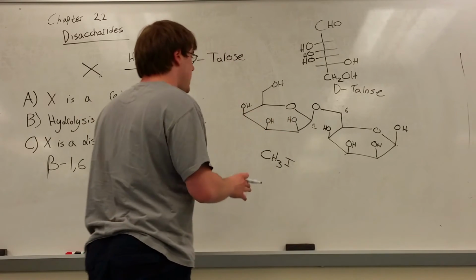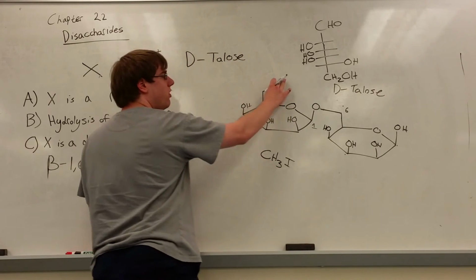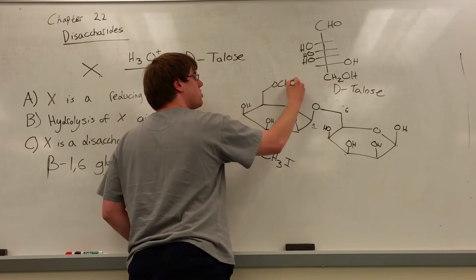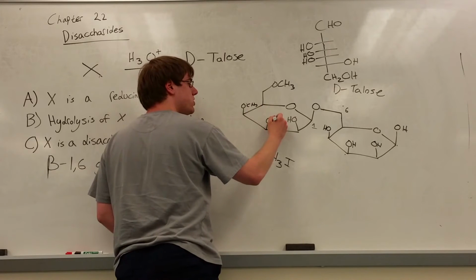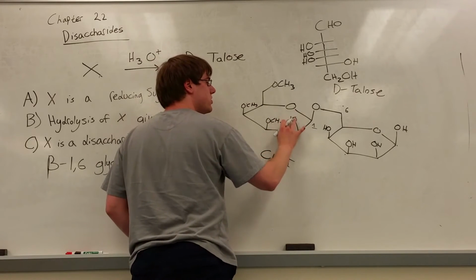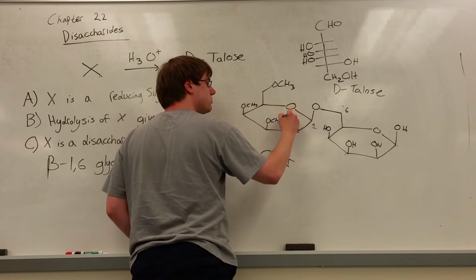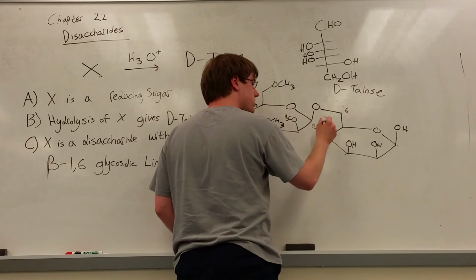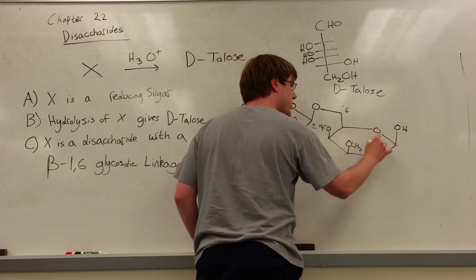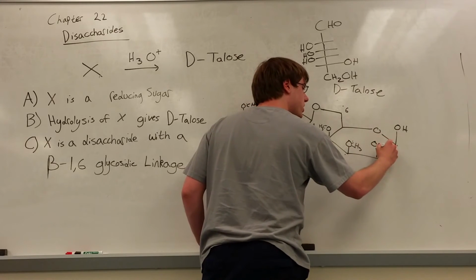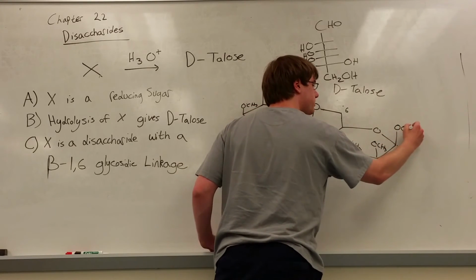Namely, let's say I did CH3I, and so all of these OHs became OCH3. So this is OCH3, and this is OCH3, this is OCH3, and fast forward the video if you don't feel like watching me draw all of this. Almost done, and this becomes OCH3.